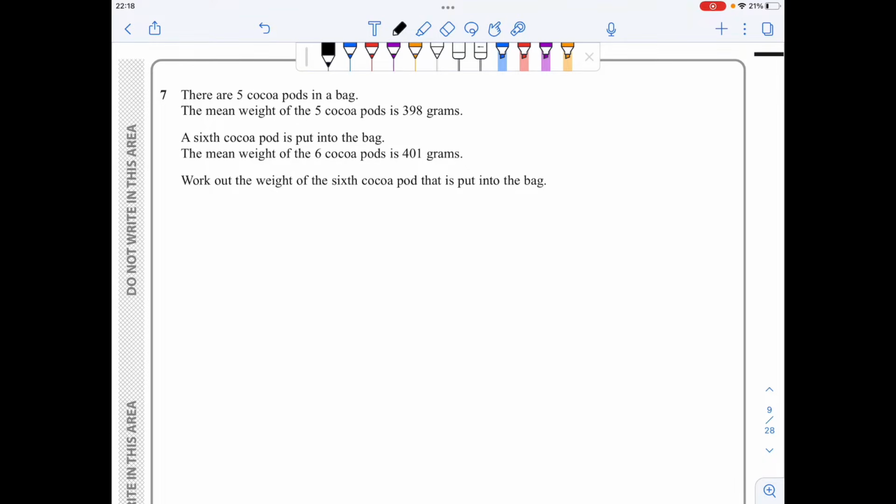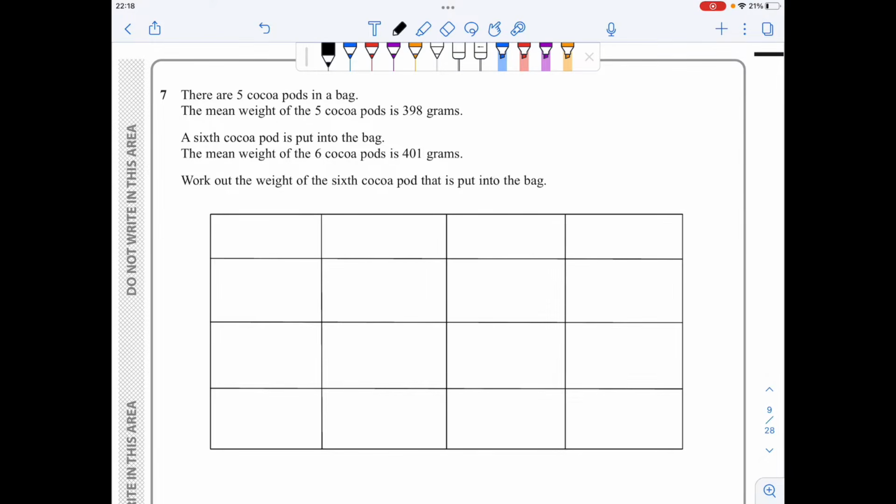For question 7, I will summarize all this information on a table. I'm going to need one column for the 5 pods, one column for the 1 extra pod, and the last column for all 6 pods. And then I'm going to need one row for the sum.